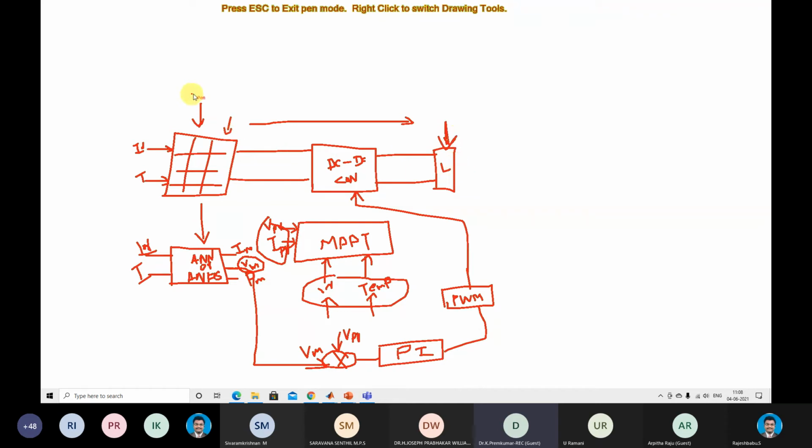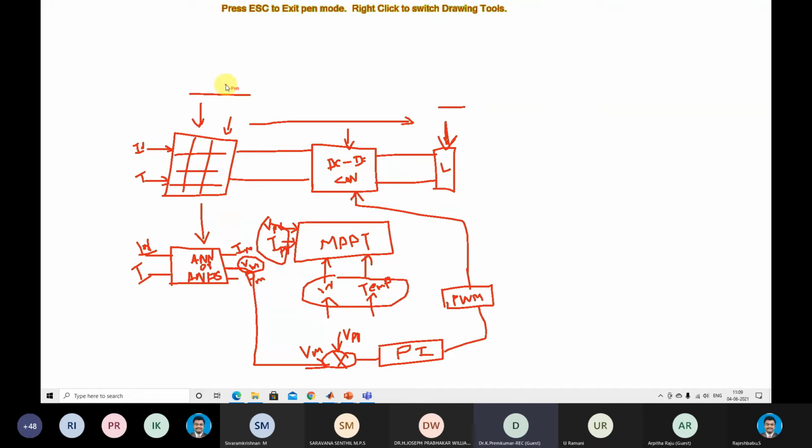First you have to fix the power rating of the panel, then the rating of the load, and then the rating of the DC converter. That means you have to fix the parameters of the converter, like finding the values of L and C for the particular configuration, right? So this is the process of designing the solar PV system, right?